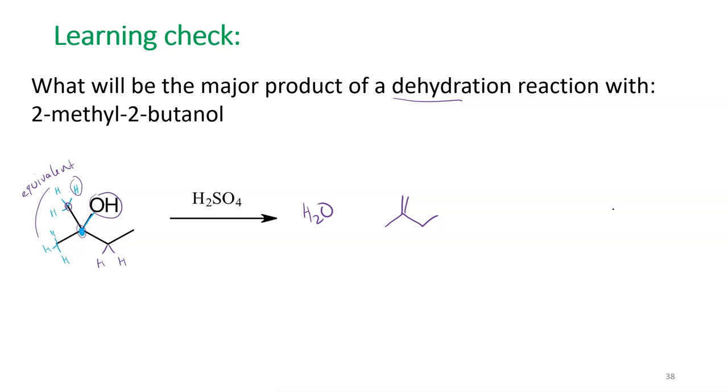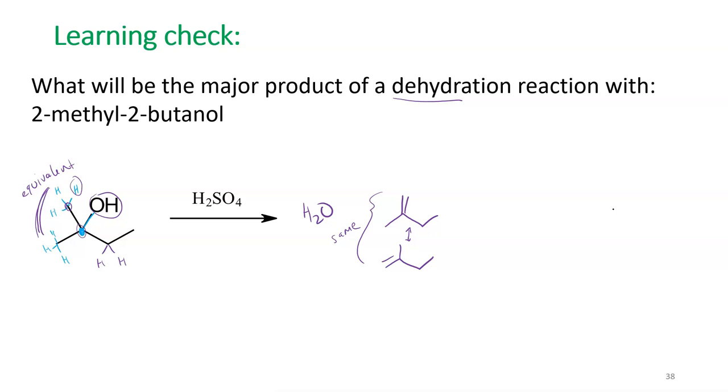And it doesn't really matter. These are equivalent structures, really. We just have a difference in the conformation, but they're the same compound. If we spin those things around, they are the same thing. And that's why these are equivalent protons over here.